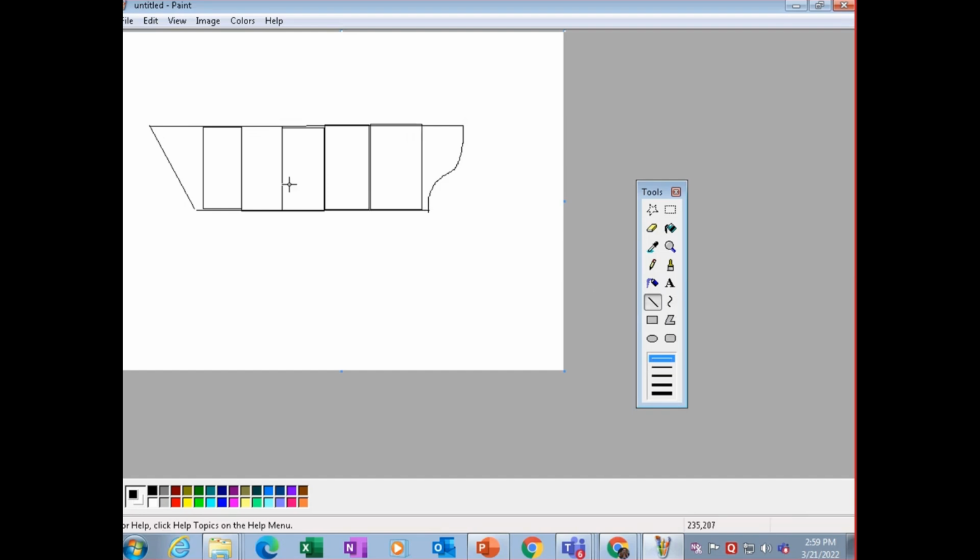Now you're loading full, half, full, half, full. The thing is, you have two forces coming up here.